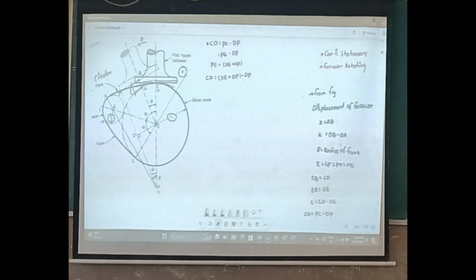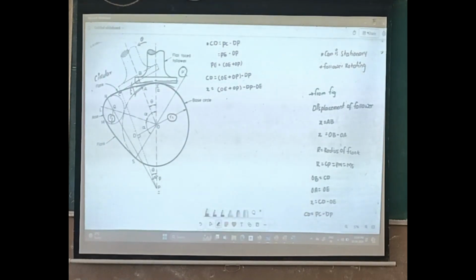So now the displacement x we can write as OE plus OP minus DP minus OE.